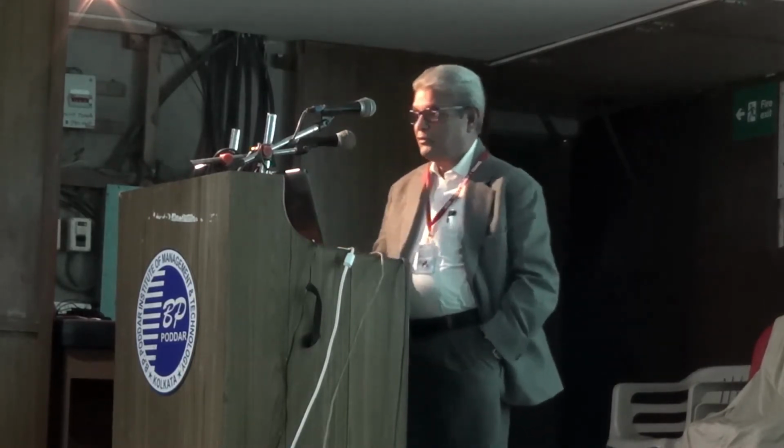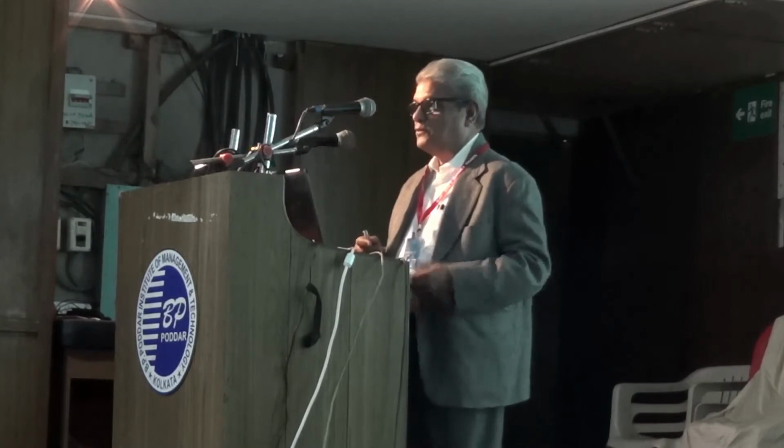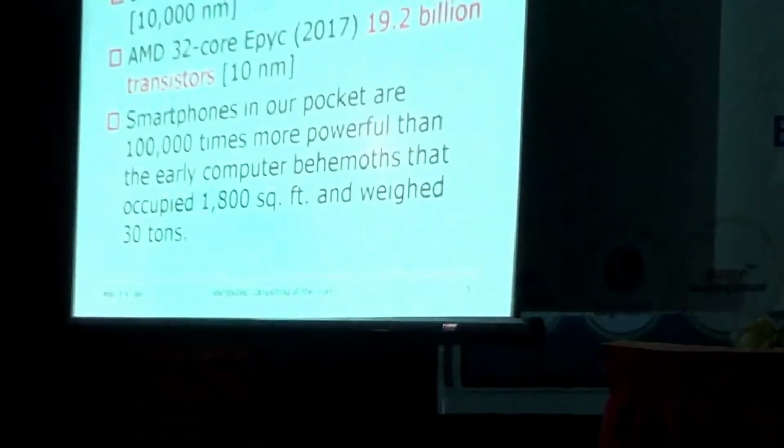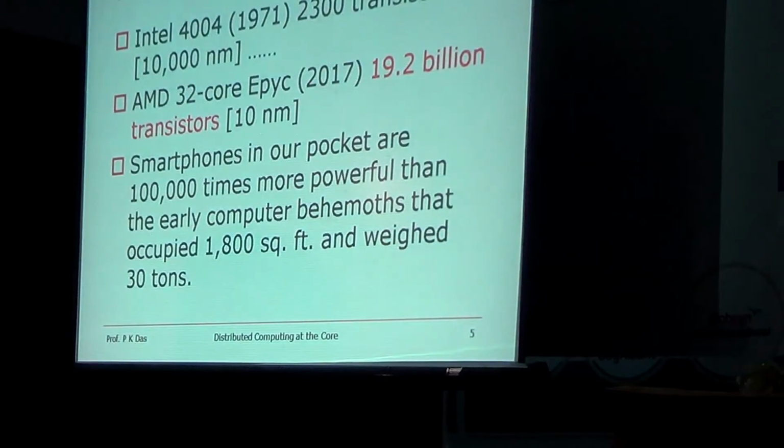Well, if you compare that with the kind of machines that we had in the first generation, ENIAC, the smartphones that we have in our pocket are about 100,000 times more powerful than the early computers, and those early computers occupied 1,800 square feet, and weighed about 30 tons. So you can easily compare the kind of machines that we have in our hand these days.